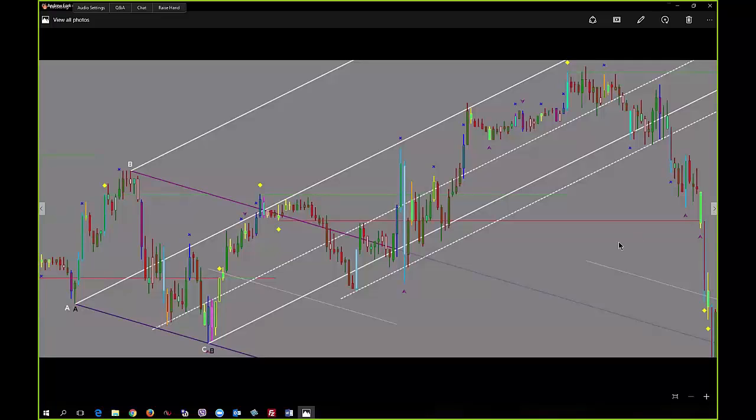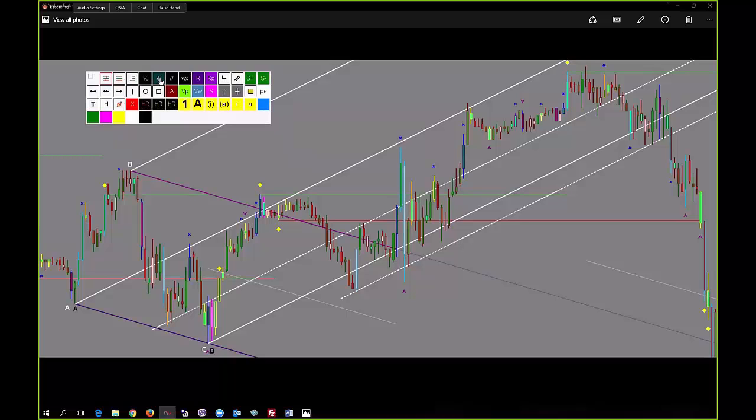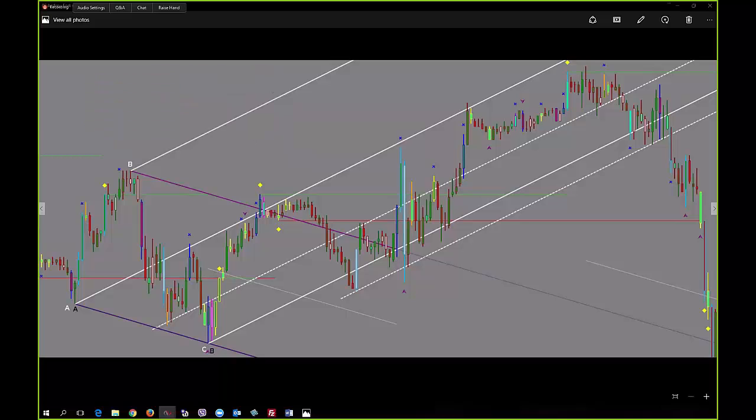Okay. So in this example, I've used Dan's tools. So I've basically drawn in from point A to B down here. And then, if we're using Dan's tools, just to clarify, we'd be using this one to actually give us the Andrews fork off it.